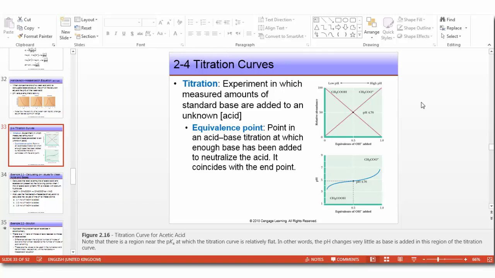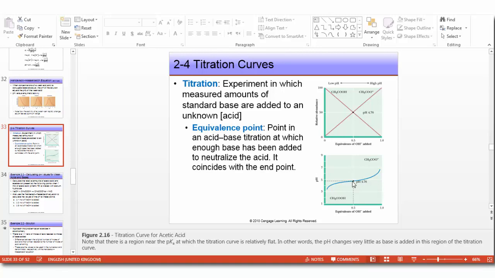Now if we look at this figure 2.13, titration curve for acetic acid, we start titration at low pH. At the beginning we measure the pH before adding any base, then we start adding a base. As we add the base, the pH increases until we reach this point.